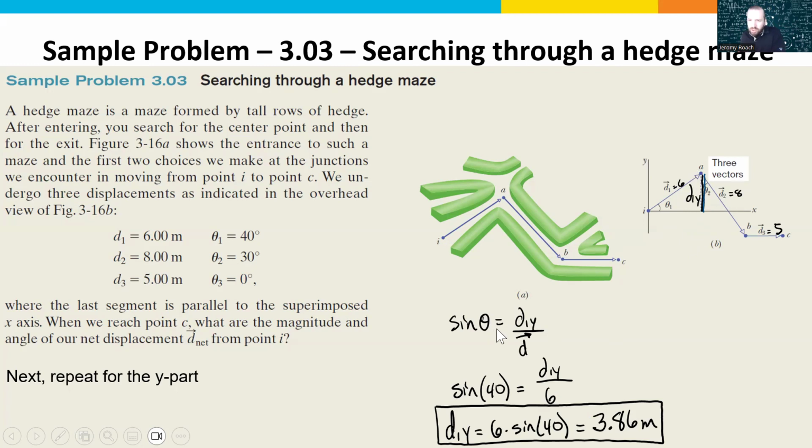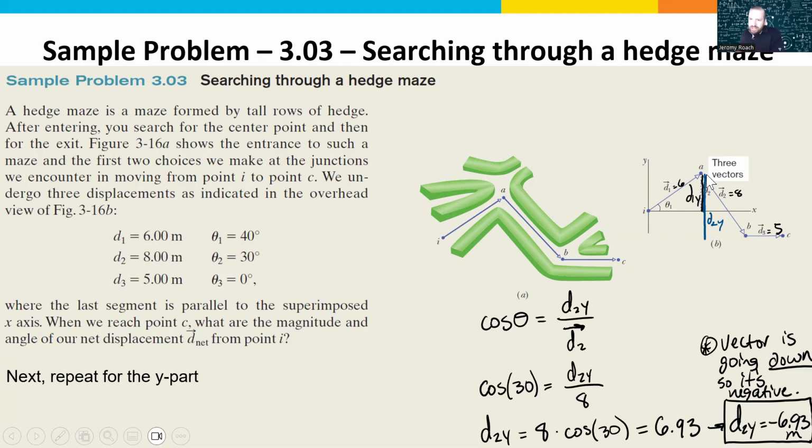So sine theta 1 is opposite over hypotenuse. So opposite is D1y over D1, which is 6. So now we have sine 40, the given angle, equals D1y over 6, times by 6 on both sides. We get D1y as 6 sine 40, or 3.86 meters.